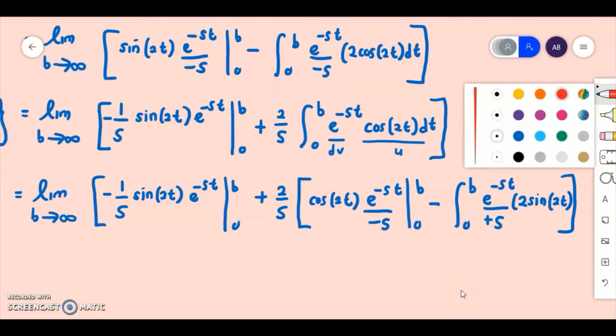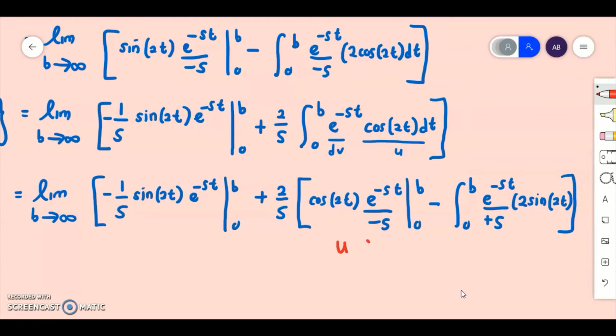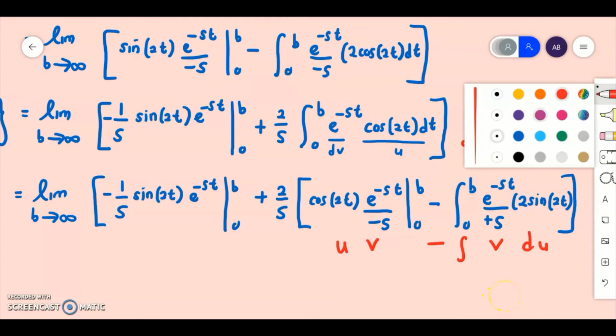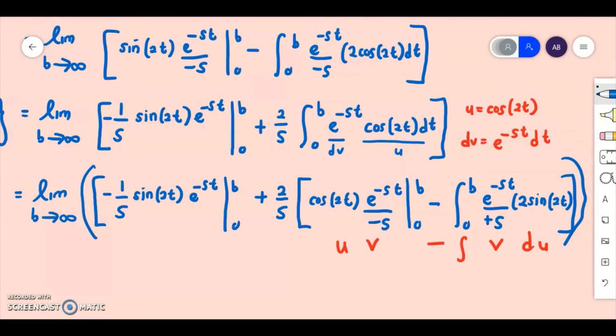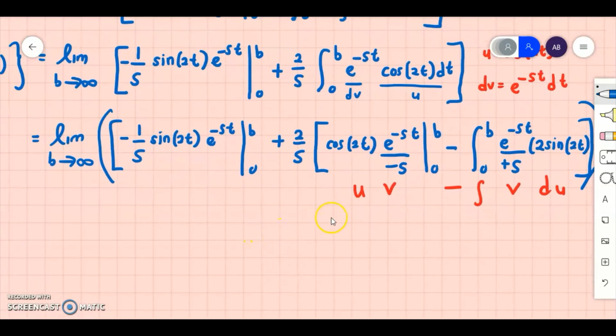What I did here is uv minus integrate v du, where my u equals cos 2t and dv equals exponent negative st dt. So I just used the integration by parts formula and I end up with that. Now I have a big bracket here because the limit is applied for this whole integration. Okay, so before we do anything, let's simplify.